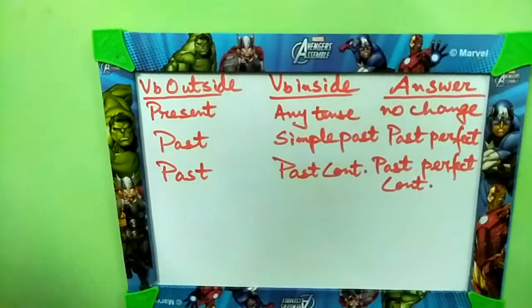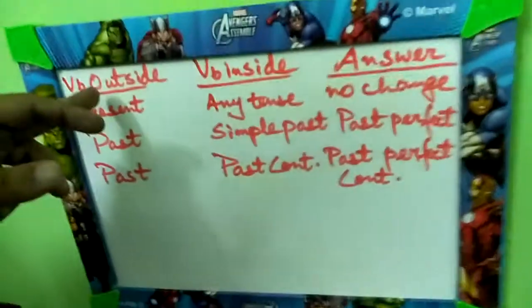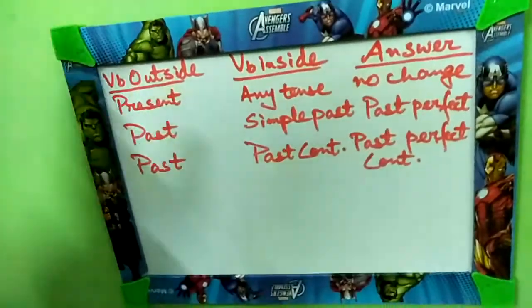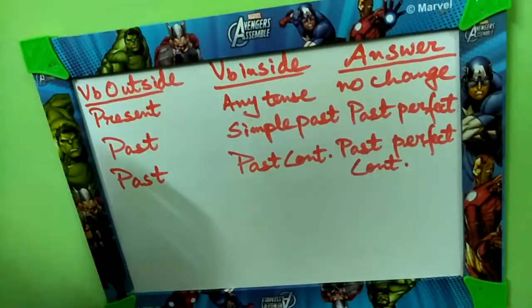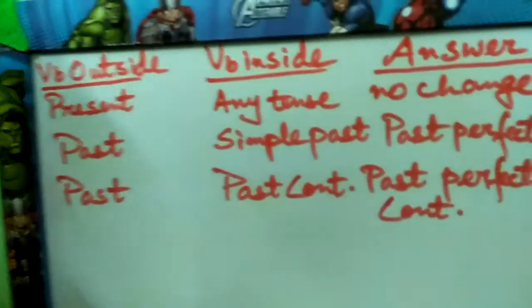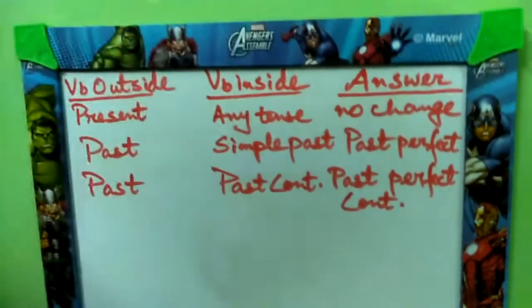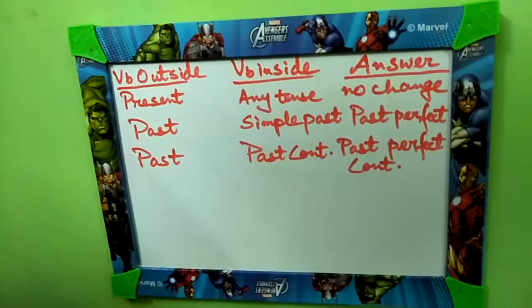For example, Chris said. So "said" is the verb outside. And what is verb inside? For example, Chris said, "Morris wrote a letter." Here "wrote" is the verb inside, because it is inside the inverted commas.